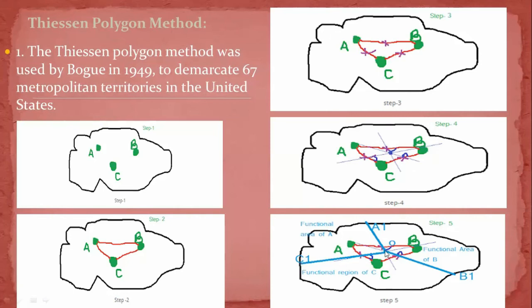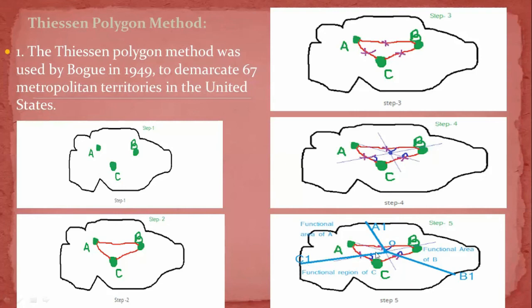Similarly, from 0 touching the midpoint of C and B, a straight line is drawn over here, maybe called B1, till this boundary. We can't go beyond this boundary because we have already taken this boundary. Similarly, from 0, we take the midpoint of A and B and draw a straight line.